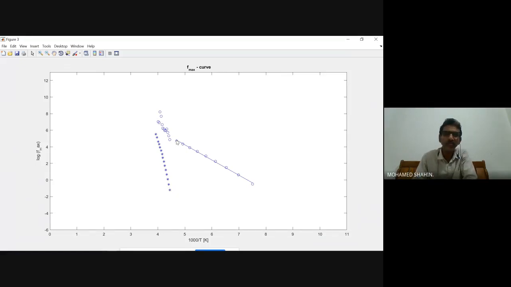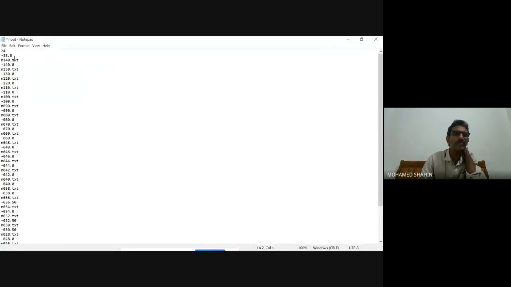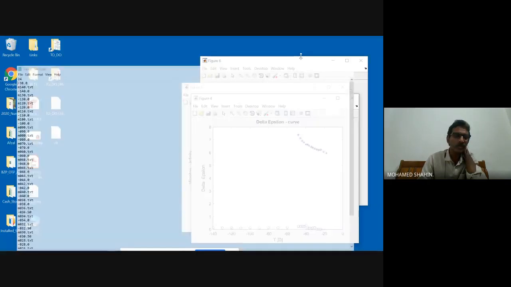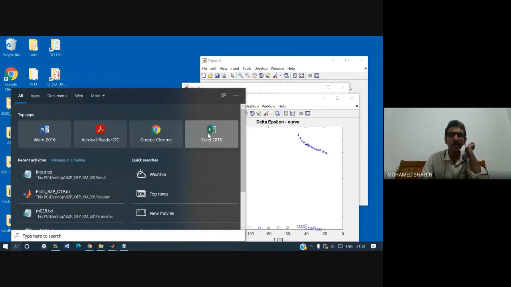Now I will tell you what you have done in the input file. You can see in the input file that minus 38 is there. Now let us go to an Excel file and see what that number represents.